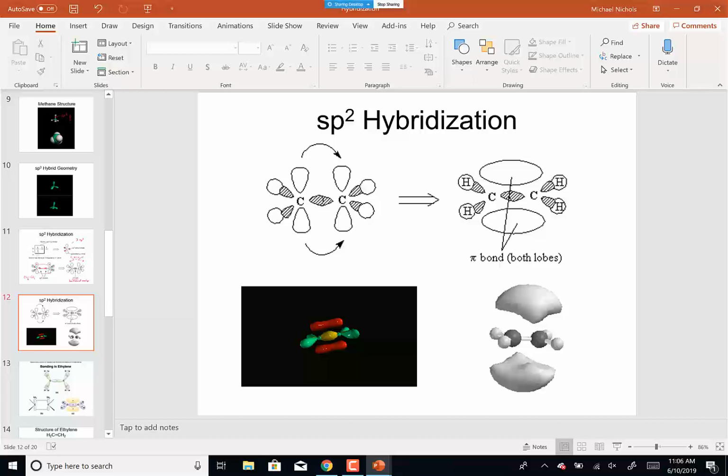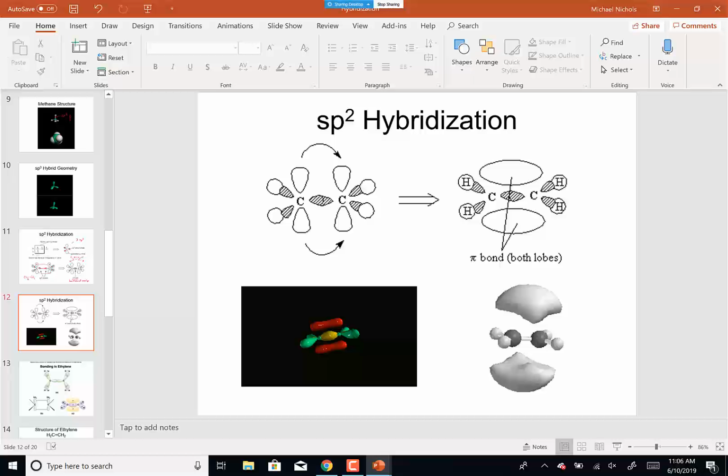Those pair of electrons spend 50% of their time here, 50% of their time here, without ever ending up on the nodal plane. Again, that's quantum mechanics. So that whole thing, both lobes, is a single pi bond. So a pi bond is the second or third bond in a double or triple bond. The single bond that holds the structure together is always a sigma bond.